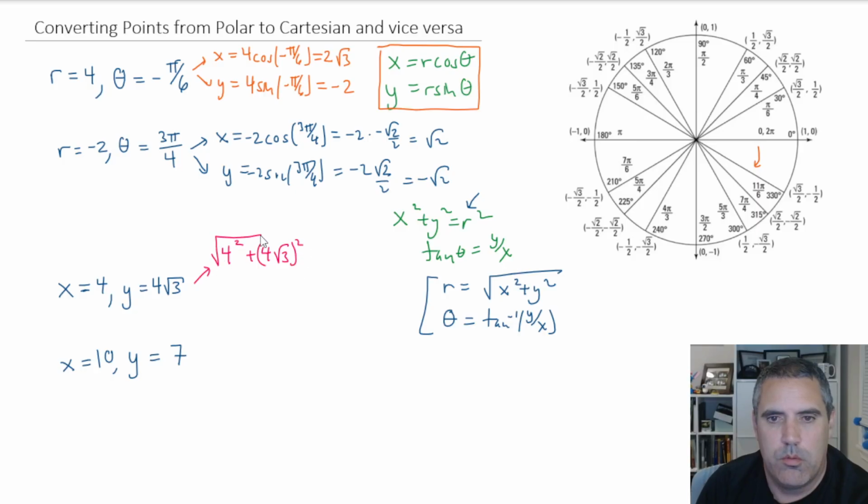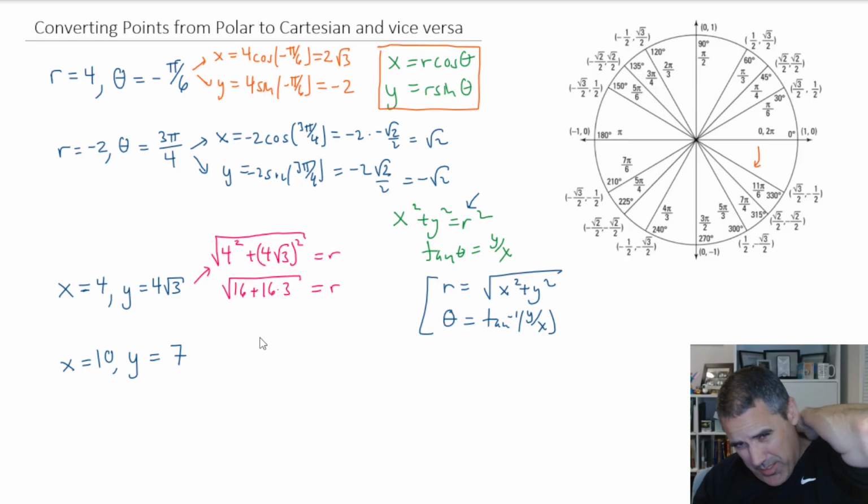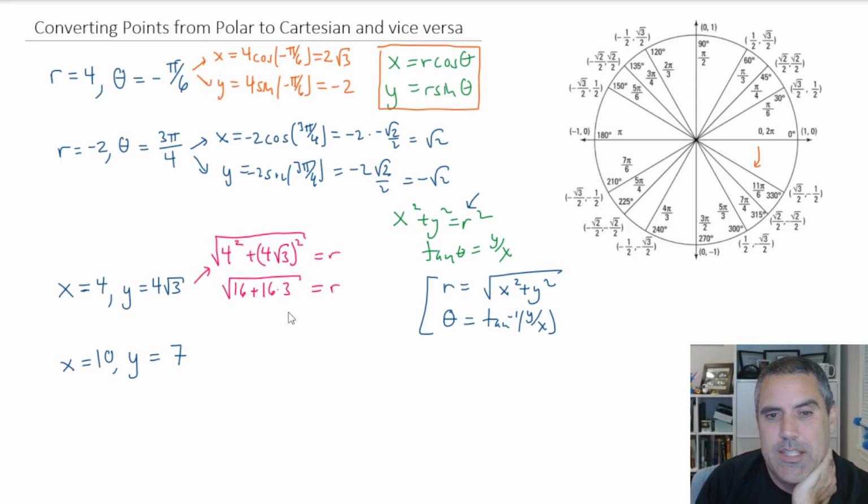That's going to be r. So it's not going to be nice. I just made up these numbers. So 16 plus 16 times 3 equals r squared. So whatever that is, 48, 64, square root of 64. Oh, what's 8? Maybe I did pick something nice. And if I made a mistake, let me know in the comments. This is just about the ideas.